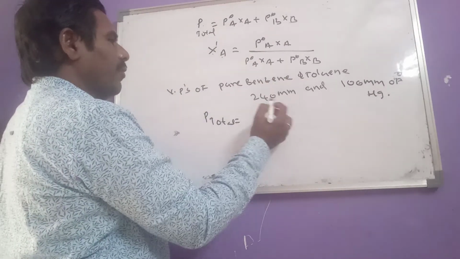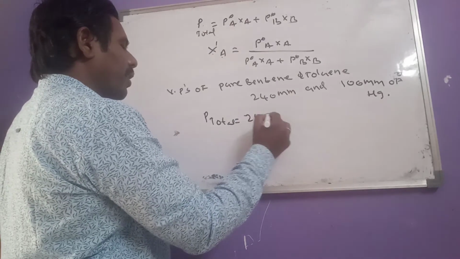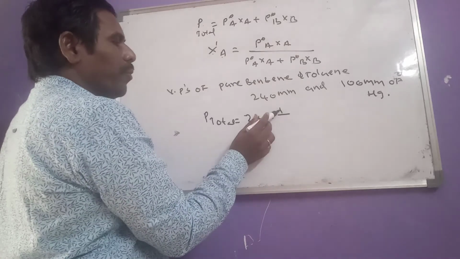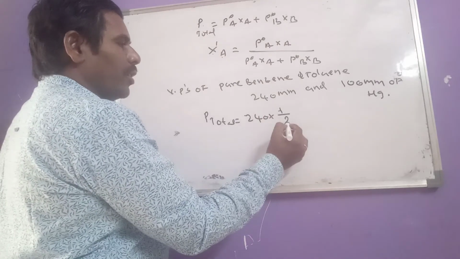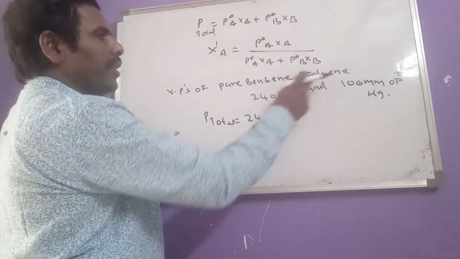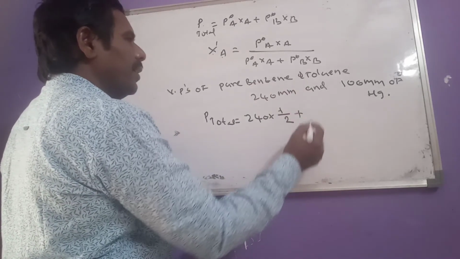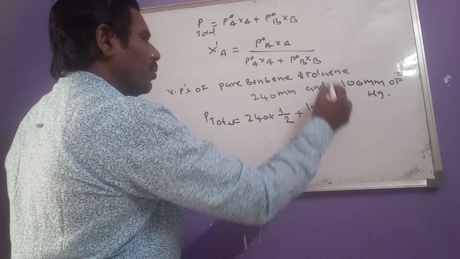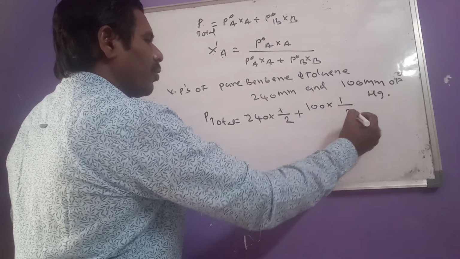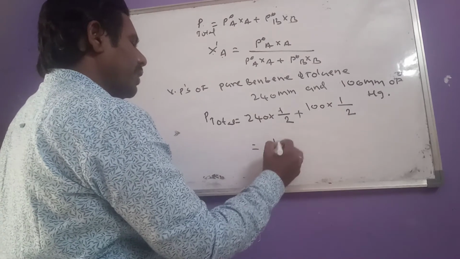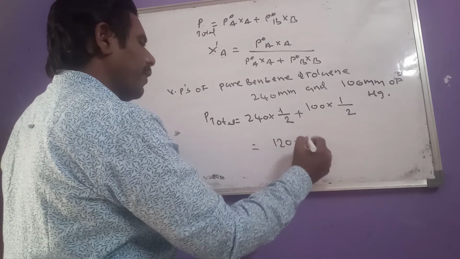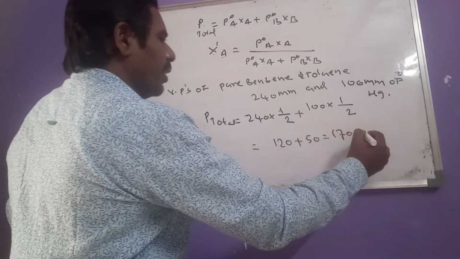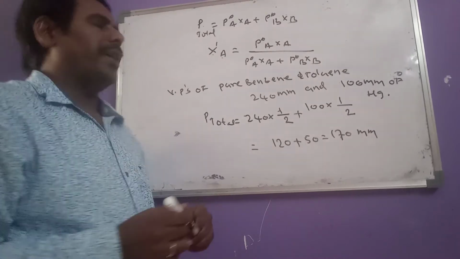P naught value 240 into mole fraction of benzene, number of moles of benzene 1, total moles 2, plus the vapor pressure of toluene 100 into number of moles of toluene by total number of moles. So this will give 120 plus 50. Now the total pressure of the mixture is 170 mm of mercury.